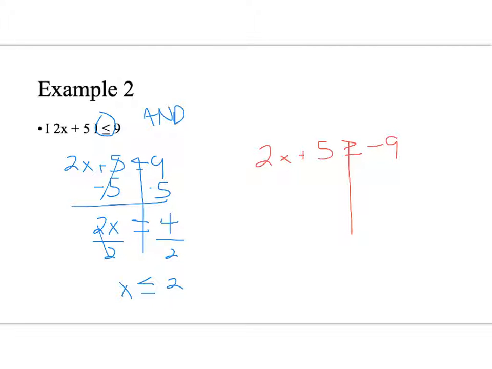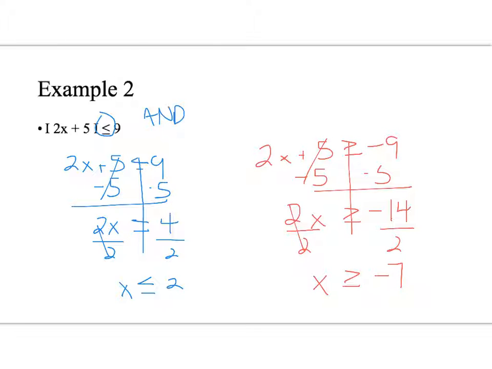In red, same steps, we'll subtract 5 and get 2x is greater than or equal to negative 14, and then divide by 2. So x will be greater than or equal to negative 7. Okay, I did not flip this inequality again because I did not divide by a negative. So it stayed a greater than.